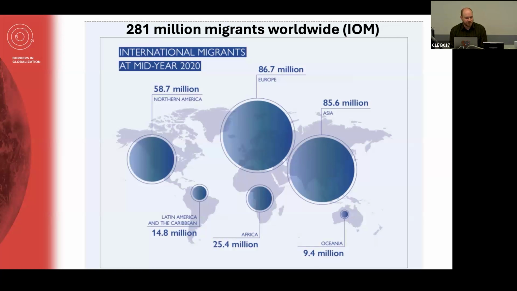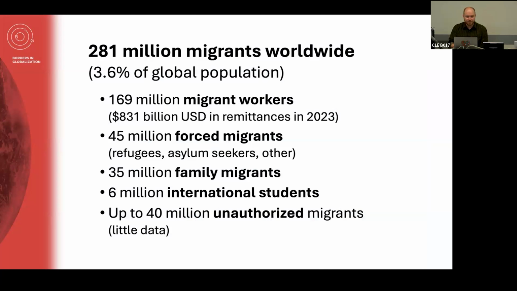That means today how many folks are living in a country other than their country of origin. They may have been there for 30 years, they may have been there for 12 months. Most of those international migrants, as you can see, are centered around three regions: North America, Europe, and Asia. Smaller numbers are in Latin America and the Caribbean, in Africa and Oceania.